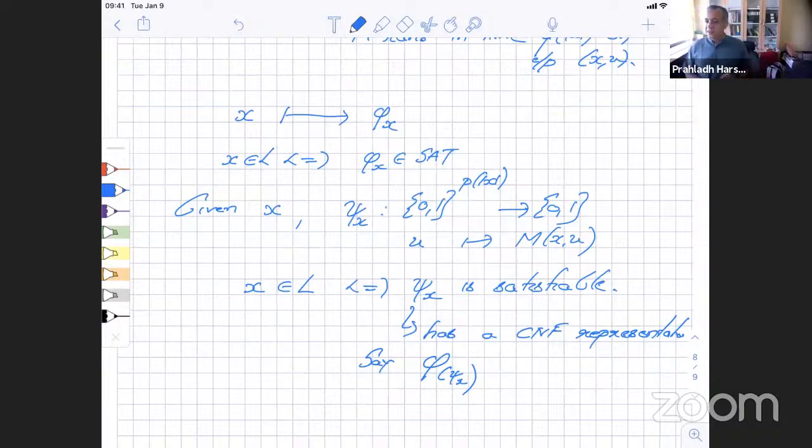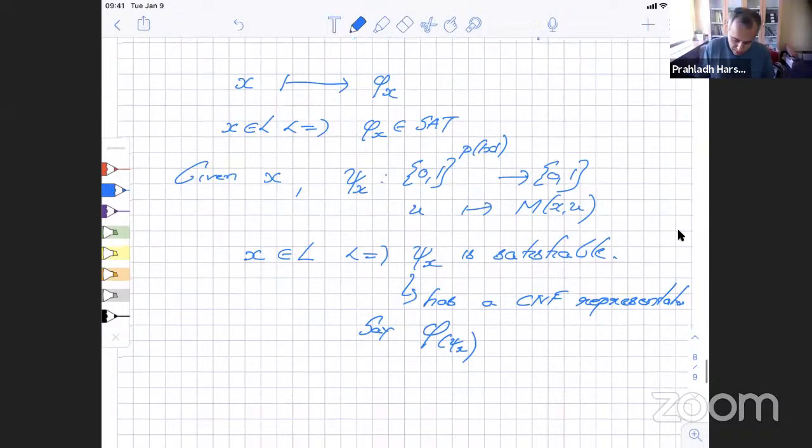Are we done? But phi of psi_x is exponential in length, right? Yes, to construct that, your requirement is to reduce in polynomial time. Very good. So it does show a reduction, but it's not a polynomial time reduction. It is a reduction, indeed.